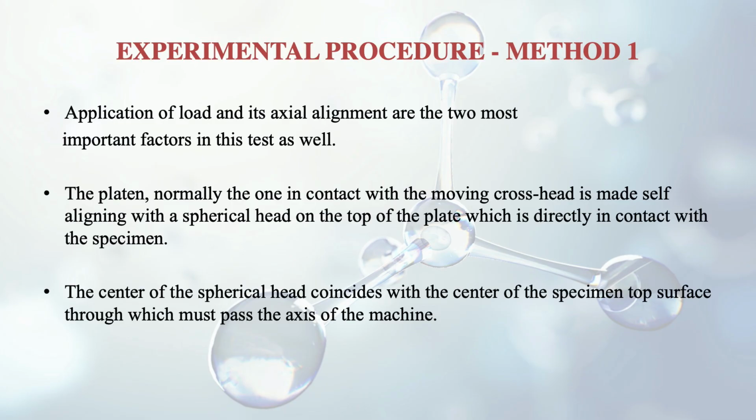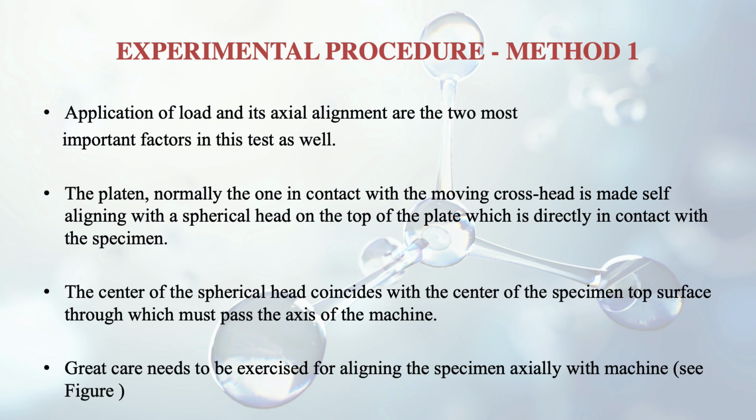The spherical surface is given so that it fits in better, and it is better in alignment also. The center of the spherical head coincides with the center of the specimen top surface, through which must pass the axis of the machine. So both the axes should be coincidental. There should not be any eccentricity, and thus we need to take great care to do this type of activity.